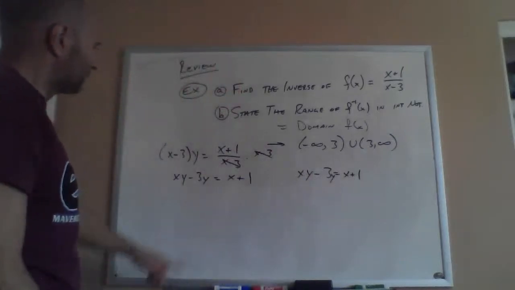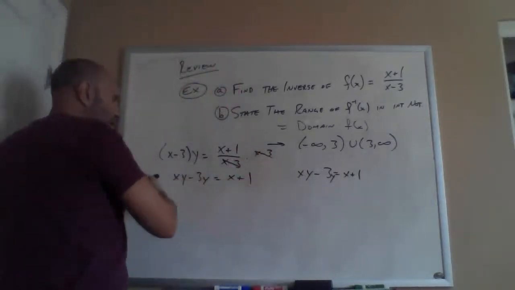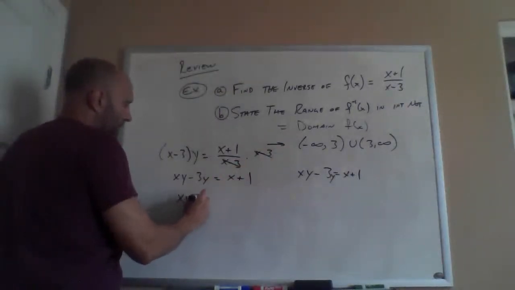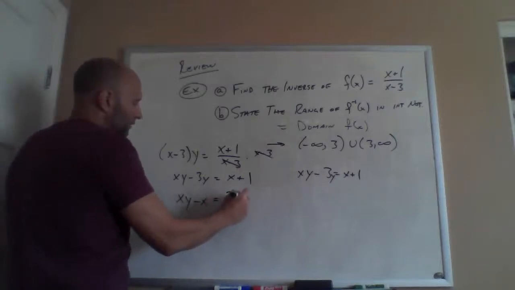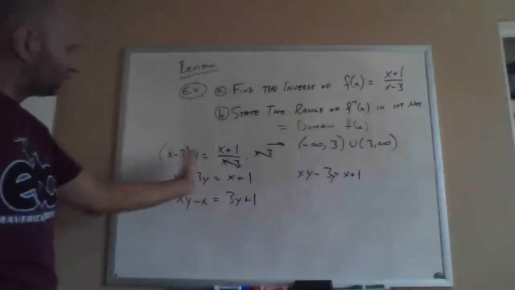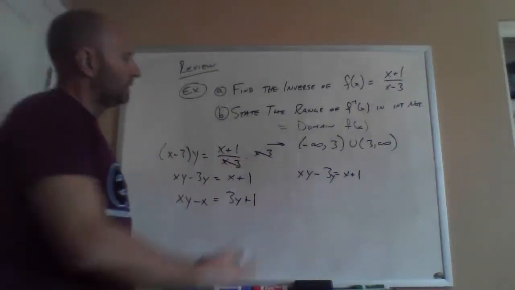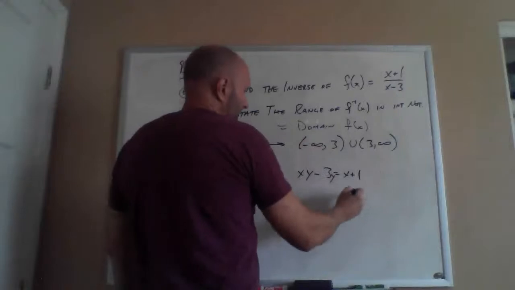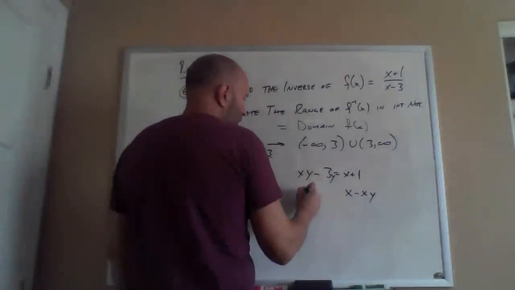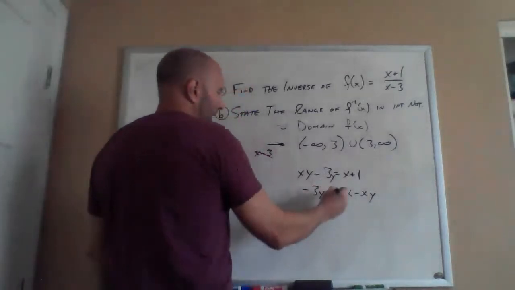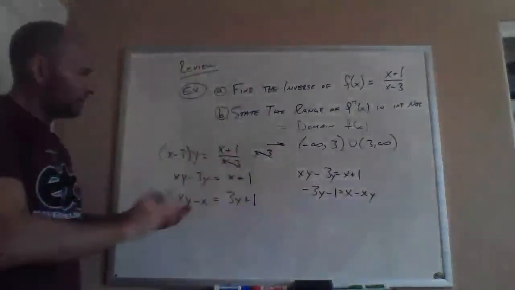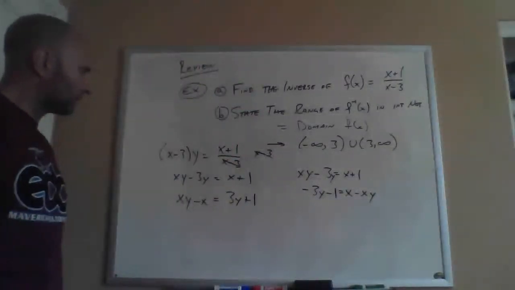If I move all the x's to the left and the 3y over, you should have xy minus x equals 3y plus 1. If you move the xy to the right, you get x minus xy equals minus 3y minus 1. These are both the same answer. It's just that we moved the x's one way versus the other.